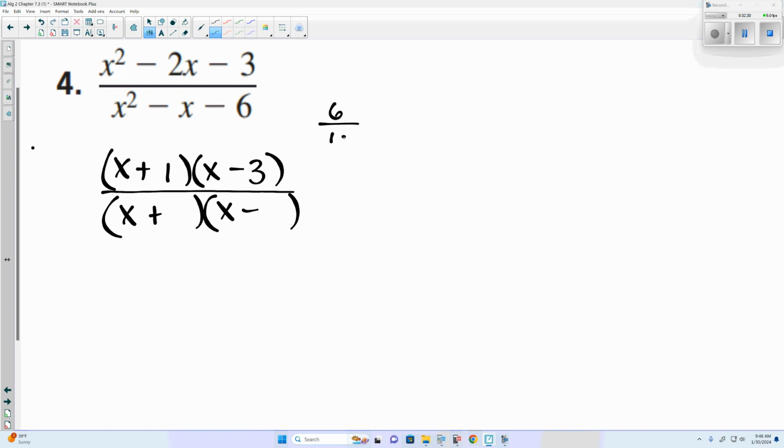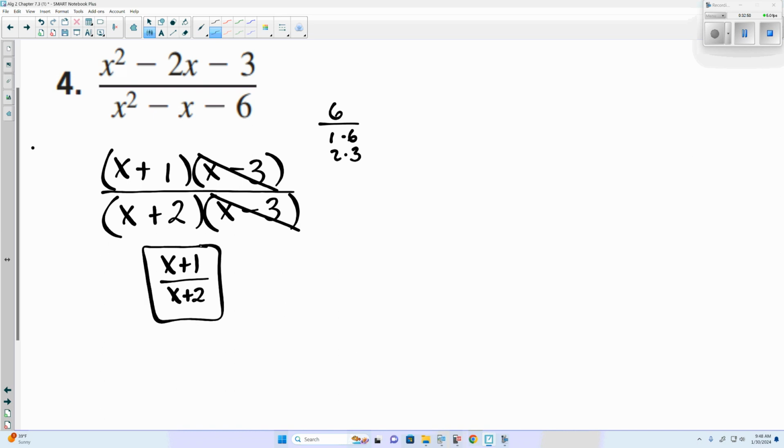Yeah, there's 1 and 6, 2 and 3. And the only way for this to have something in common is 2 and 3. And the 3 has to be negative for us to actually have something matching. At this point here, those would cancel, leaving us with x plus 1 over x plus 2.